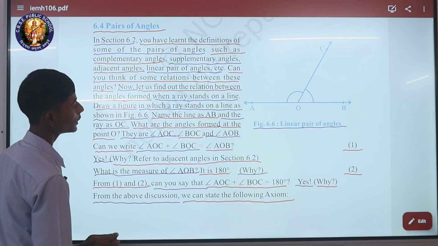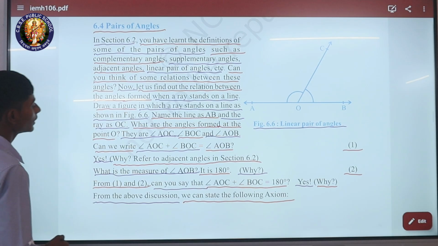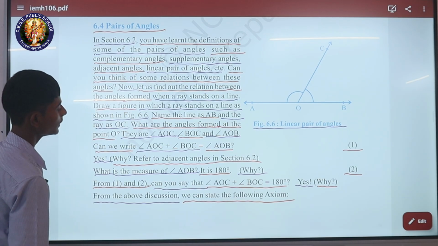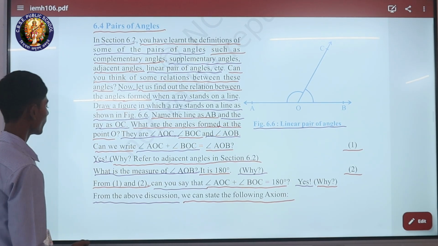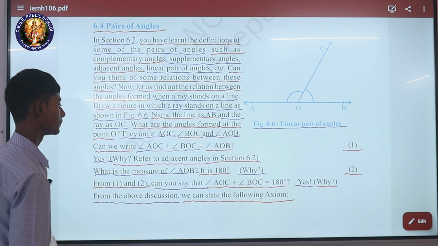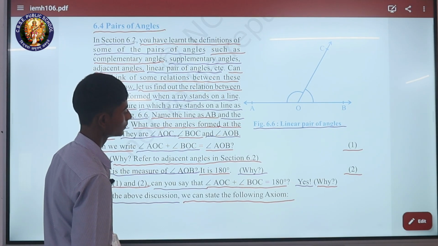Why? Refer to adjacent angles in Section 6.2. What is the measure of angle AOB? It is 180 degrees. Why? From 1 and 2, can you say that angle AOC plus angle BOC is equal to 180 degrees?